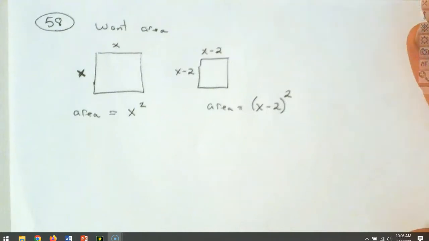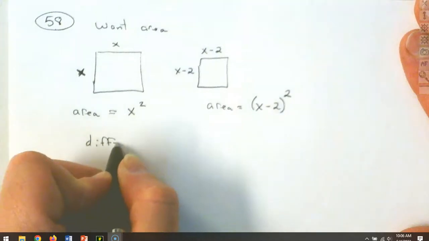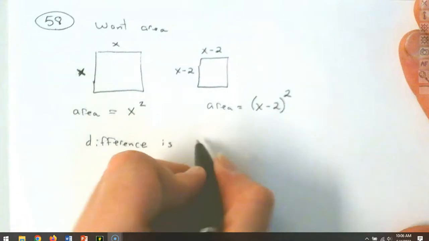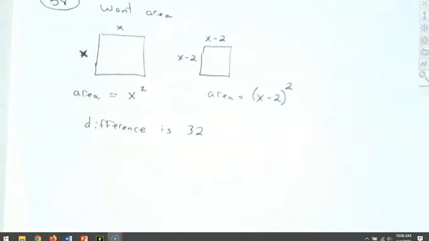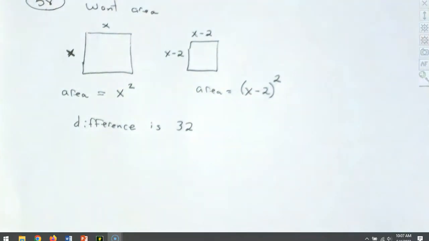Now, what do we know? We know that the difference is 32. Yep, it says the difference of them is 32. So our difference is going to be 32.